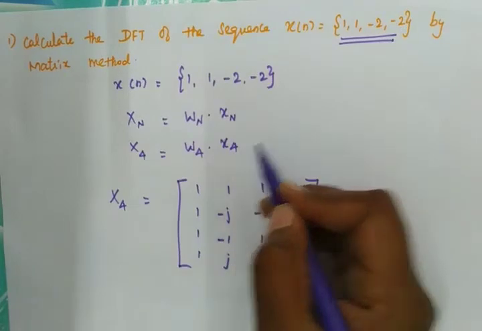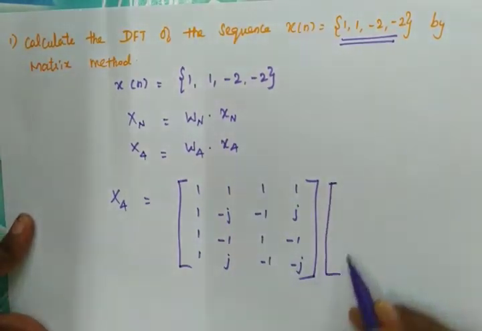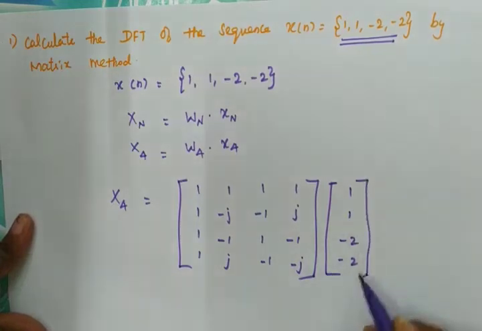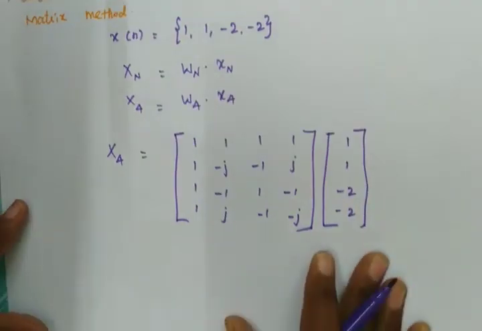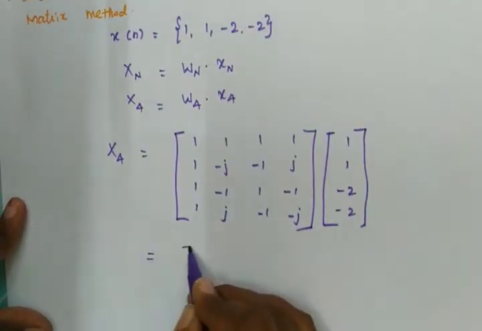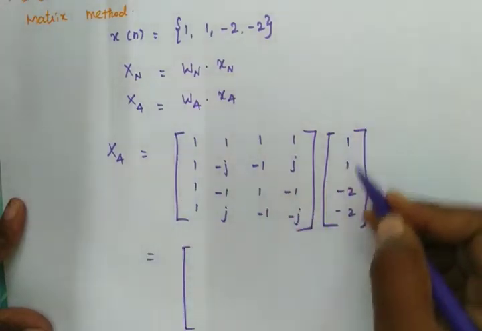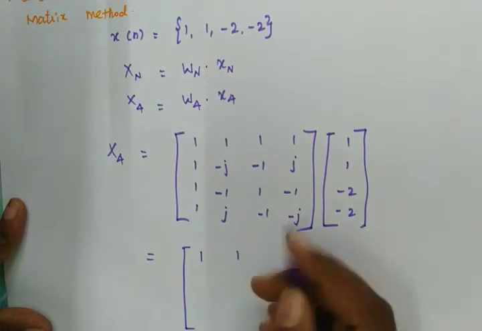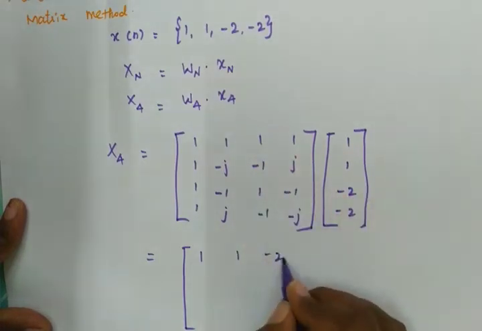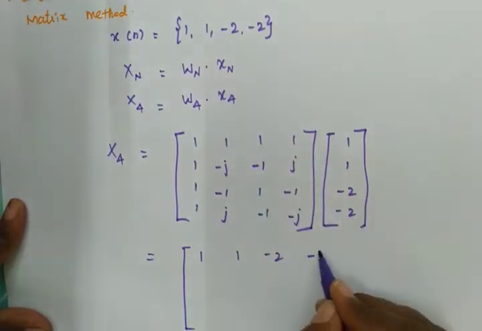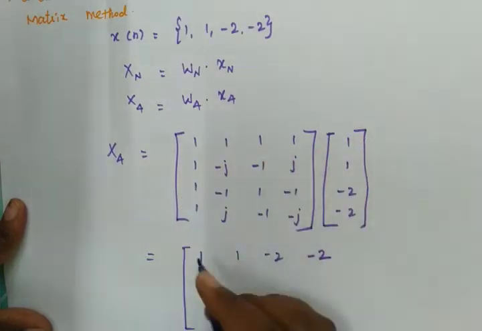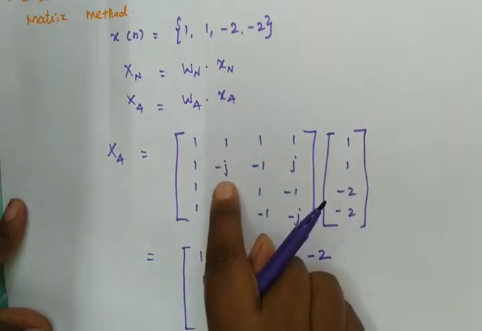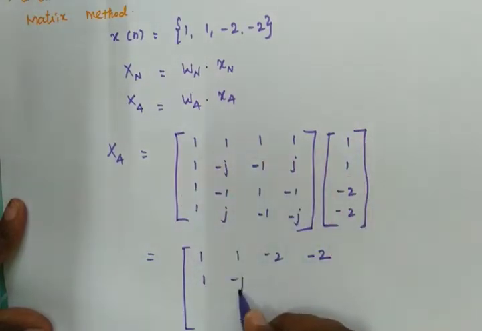What is this x of 4? It is from the question: 1, 1, minus 2, minus 2. Now do this matrix multiplication, row into column. So 1 into 1, next 1 into 1, 1 into minus 2, 1 into minus 2, minus 2. Now 1 into 1. Next minus j into 1, minus j.